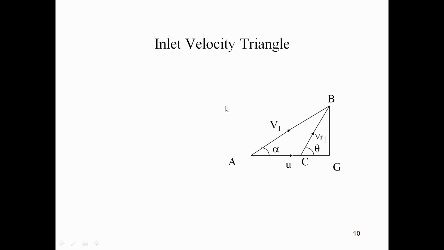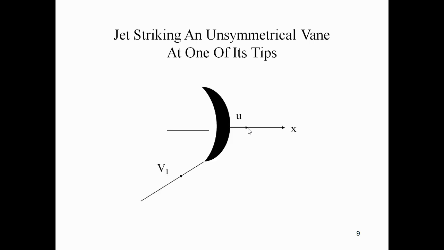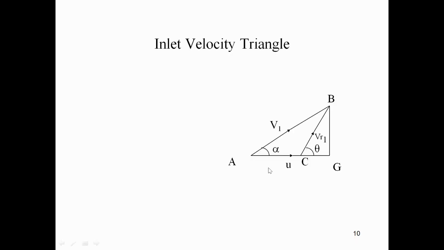Now we can see the inlet velocity diagram for the unsymmetrical vane at one end of the tips. Here we can see a triangle ABC, and these are the directions of flow of the jet, v1 and u.